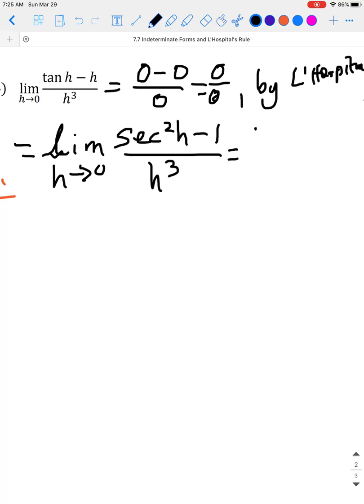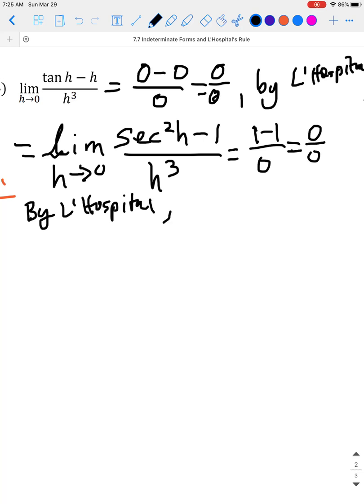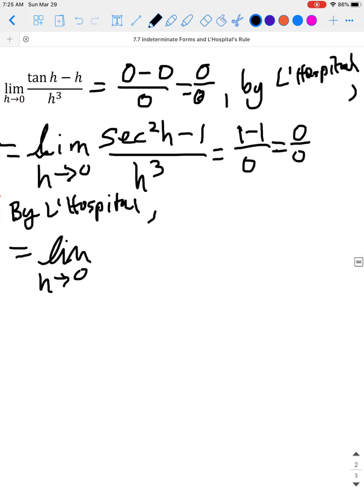So if I set it equal to 0, I'll get secant of 0, which is 1. So secant of 0 squared is just going to be 1 as well. So we'll get 1 minus 1 over 0, which is still 0 over 0. So we can apply L'Hopital again. So we'll get the limit as h goes to 0.